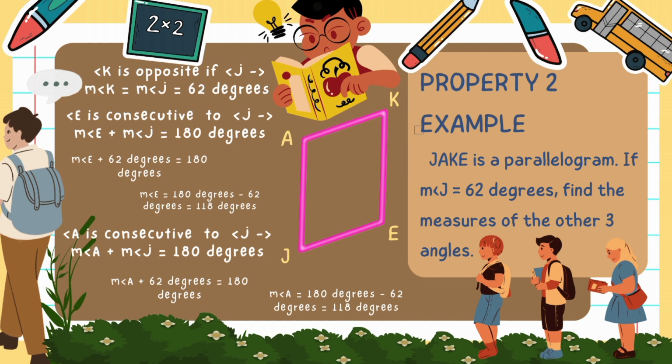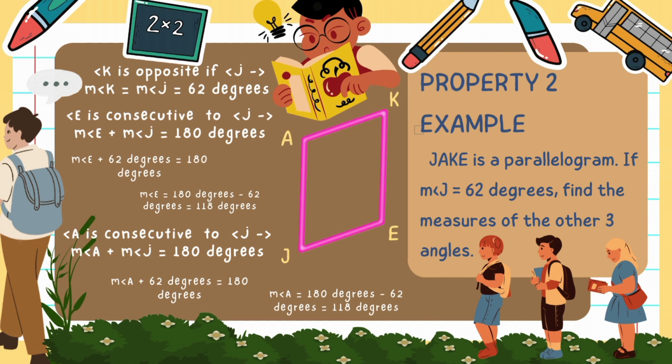Angle E is consecutive to angle J. So, the measure of angle E plus the measure of angle J is equal to 180 degrees. The measure of angle E plus 62 degrees is equal to 180 degrees. The measure of angle E is equal to 180 degrees minus 62, which equals 118 degrees.